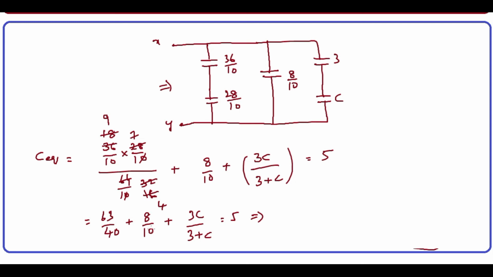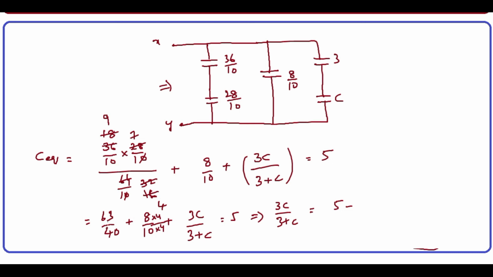So 3C by 3 plus C is equal to 5 minus... let me multiply this factor with 4 and divide it by 4. So 8 fours are 32, so 32 divided by 40.